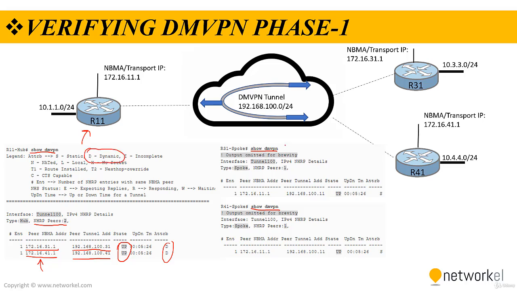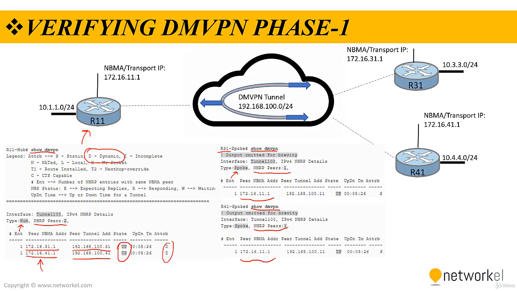When we check the output for the spokes, let's check router 31. When we type show dmvpn, it shows the type as spoke. Please check the hub also, which shows the type as hub. And we have just one NHRP peer now, and that is the hub.